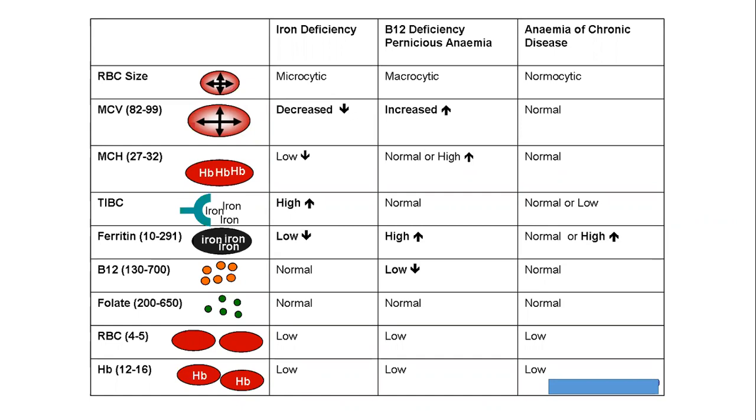A transferrin test is similar to TIBC. If you have iron deficiency anemia, your iron level will be low, but your TIBC will be high because there is more iron binding capacity.